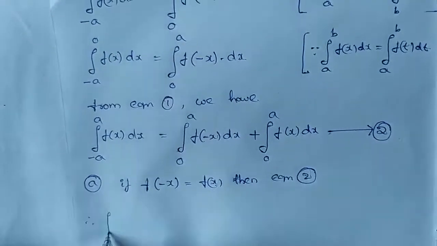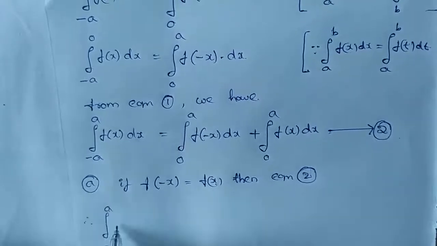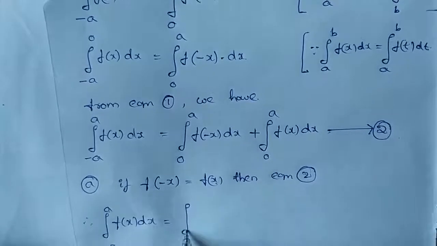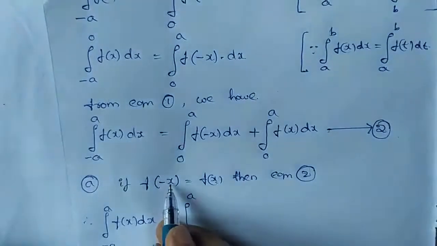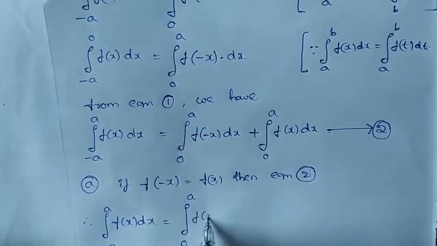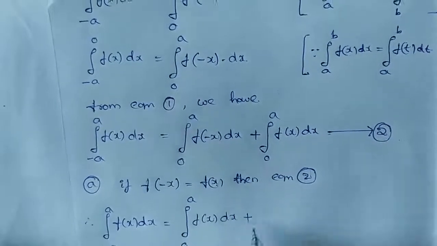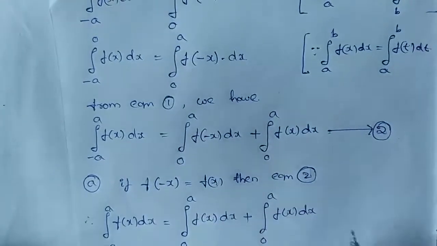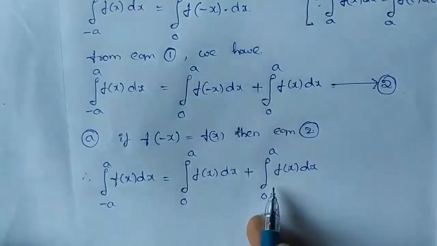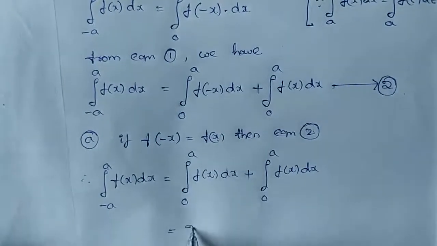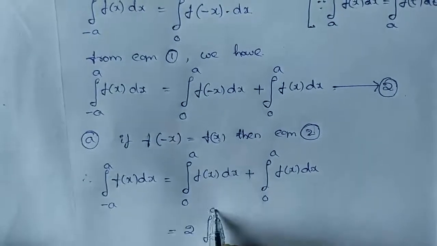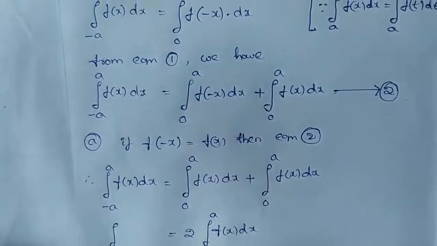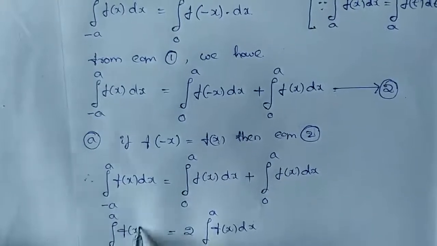See equation 2 again: integration of minus a to a f of x dx equals integration of 0 to a f of minus x, which is f of x, dx plus integration of 0 to a f of x dx. Let us add these two integrations. Then we get 2 times integration of 0 to a f of x dx. Therefore it is integration of minus a to a f of x dx.